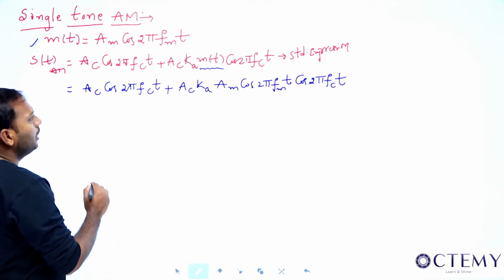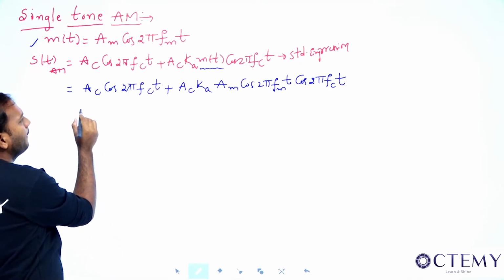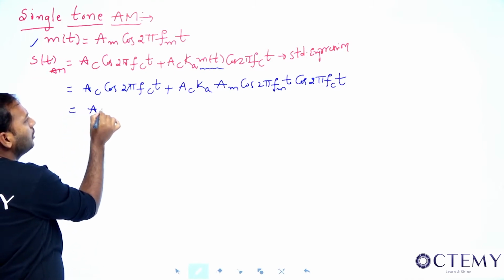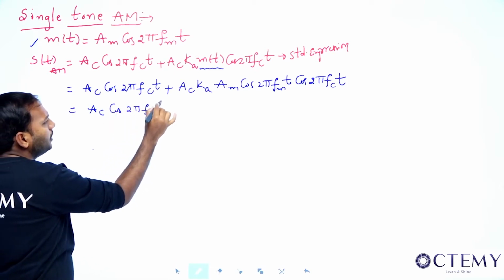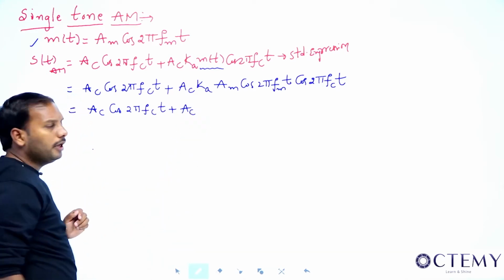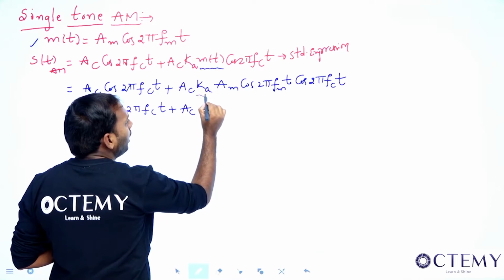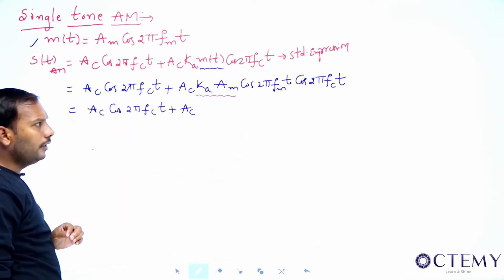Now see here clearly. This is equal to Ac cos 2 pi fc t plus Ac, and the factor here is Ka into Am.